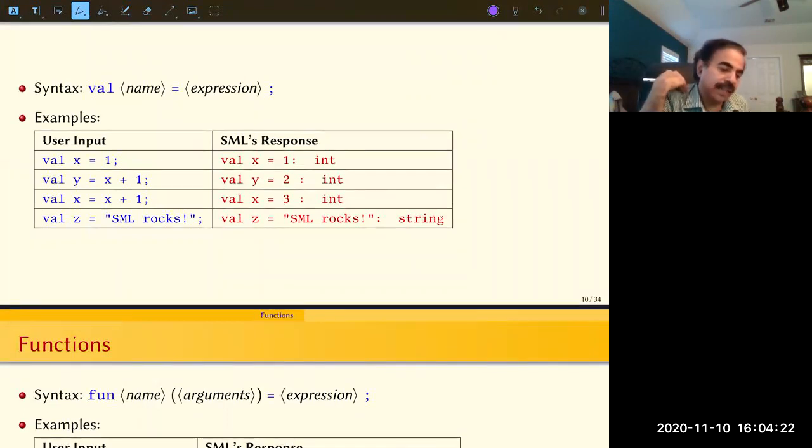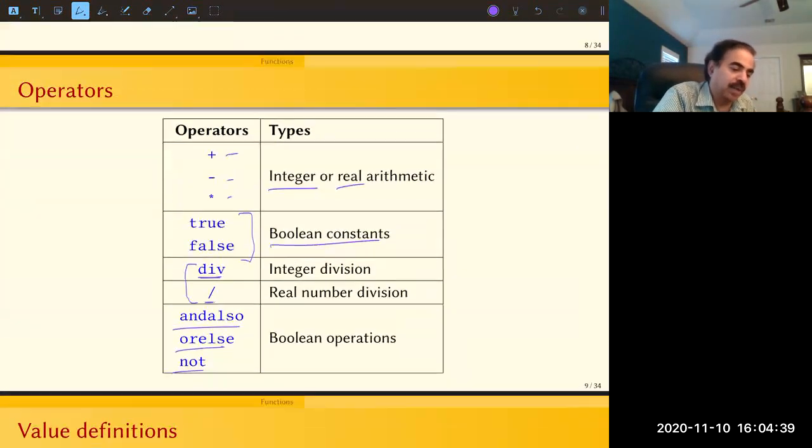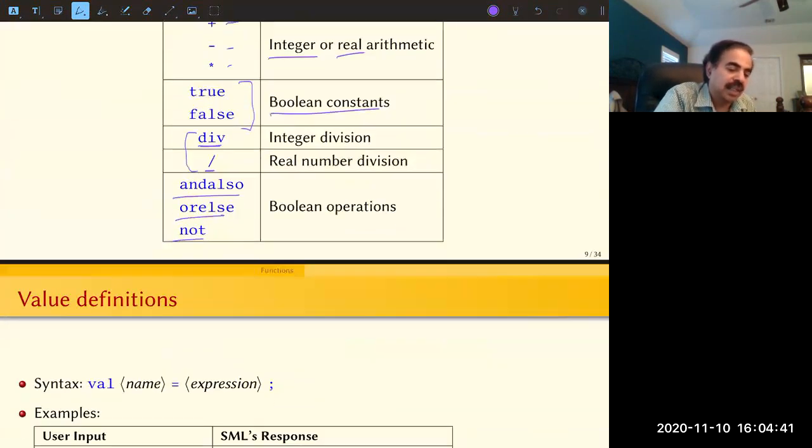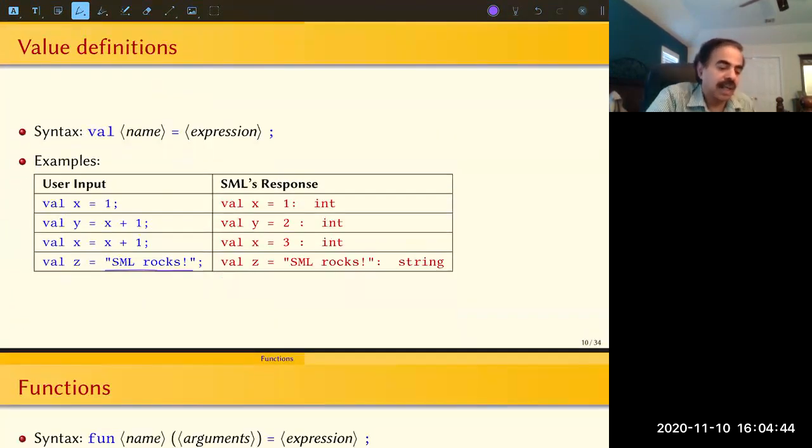So Standard ML also has a string type, right? So strings are going to be enclosed in double quotes. Oh, by the way, I'm sorry, I missed the bigger point. So far, you are typing in just expressions. Here, you are essentially giving a name to some of these values, right?